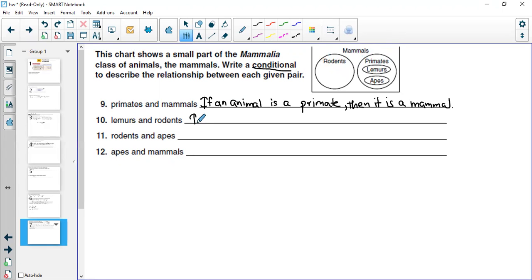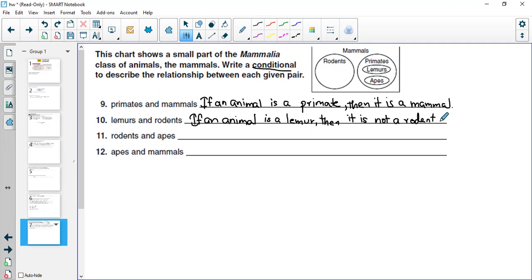If an animal is a lemur, then it is not a rodent. Why are we using the words not a rodent?